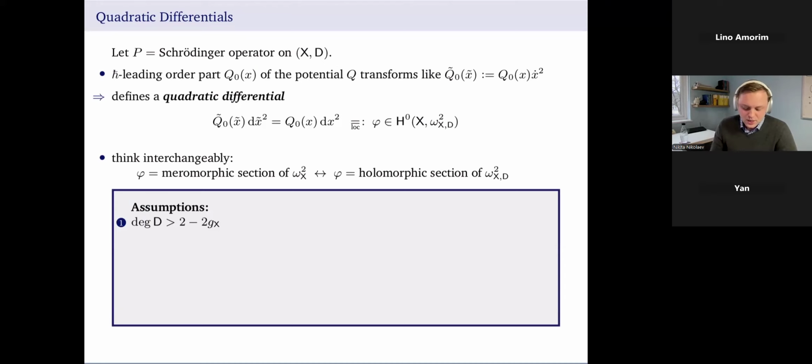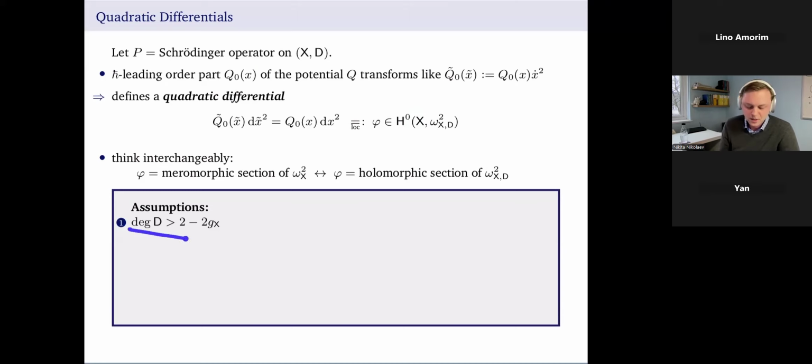The first assumption is a very typical assumption on the size of the divisor, basically just to ensure that a Schrödinger operator actually exists, and that's just computing the dimension of this vector space of meromorphic quadratic differentials. So if I'm on P1, and my divisor is empty, then I have no Schrödinger equations.